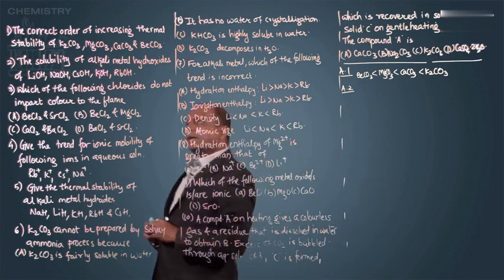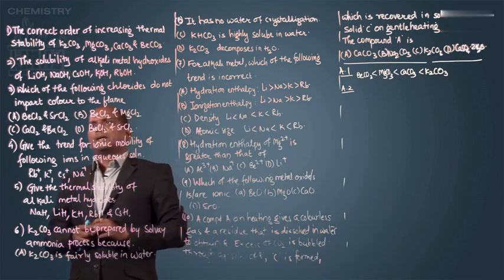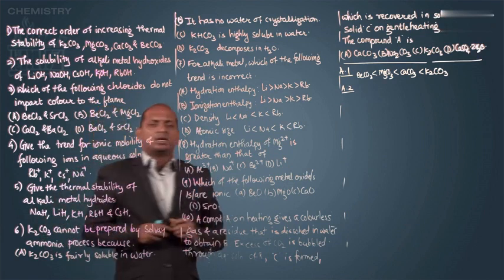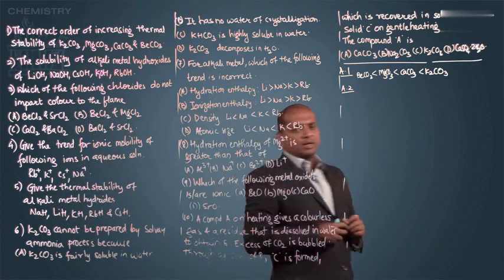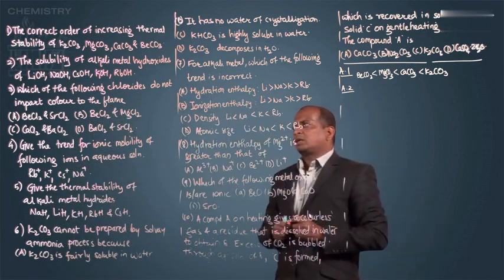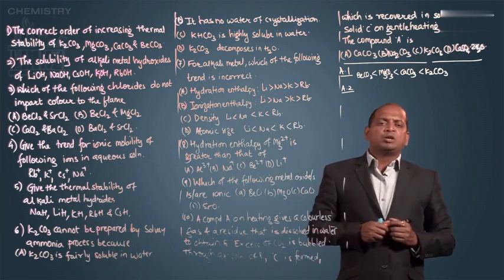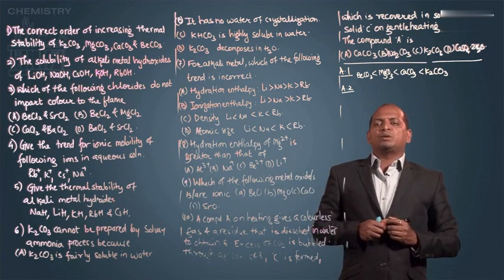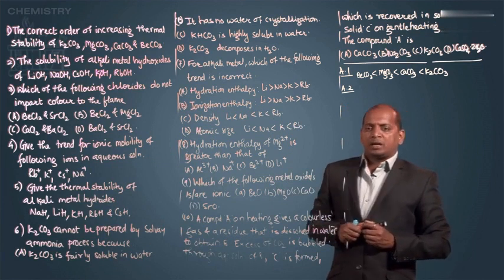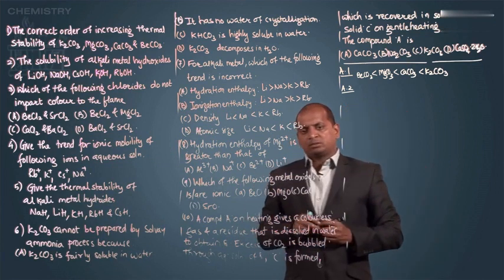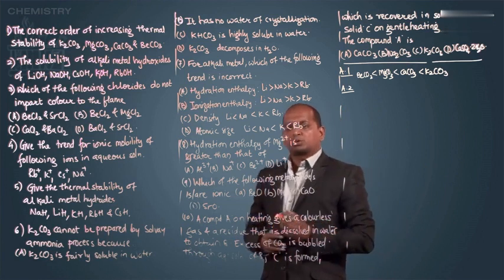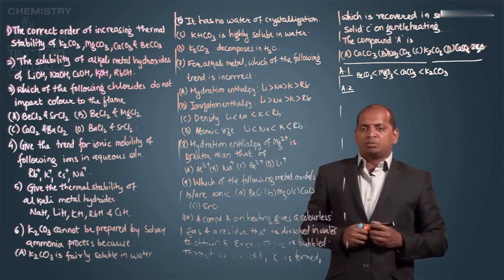The solubility of alkali metal hydroxides: these are the compounds given to you: lithium hydroxide, sodium hydroxide, cesium hydroxide, potassium hydroxide and rubidium hydroxide. What will be the correct solubility order? Okay, so which is more soluble, which is least soluble?